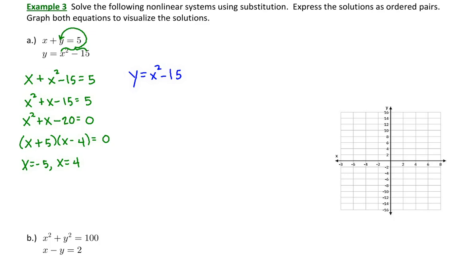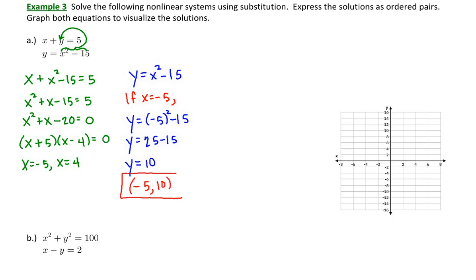So if x is equal to negative 5, then our y value would be negative 5 squared minus 15, or 25 minus 15, and that gives us 10. So one ordered pair solution would be x equals negative 5 and y equals 10.